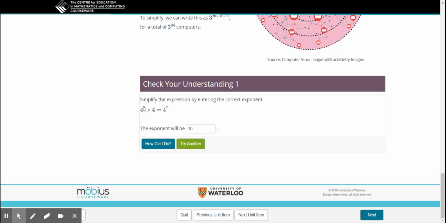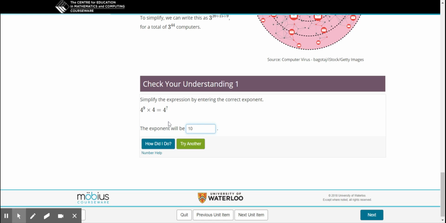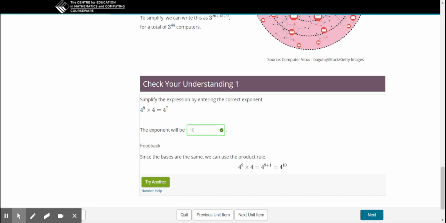So 4 exponent 9 multiplied by 4 equals 4 to the exponent, and that's what we have to answer. Notice that if we have 4 exponent 9 and 4 exponent 1, we would add the exponents, so the exponent would be 10. Let's see how we did. And we got it correct. That is just us using the product rule.